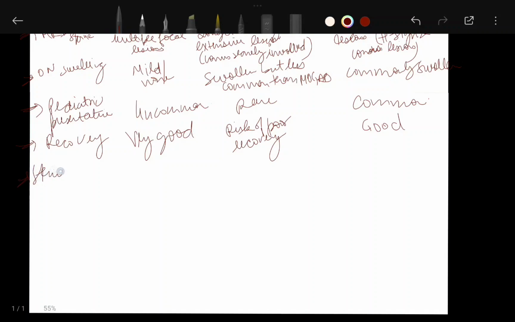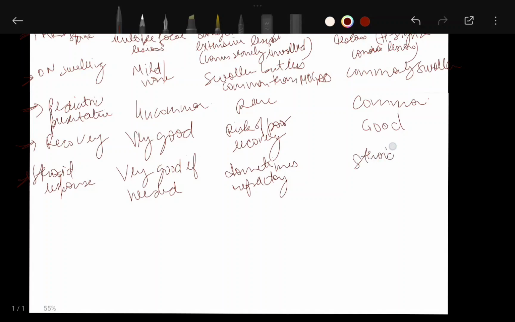Steroid response: it is usually steroid responsive in MOGD, while NMOSD has a risk of poor recovery and is sometimes refractory. So steroid responsive recovery is very handy. Now visual acuity impairment.